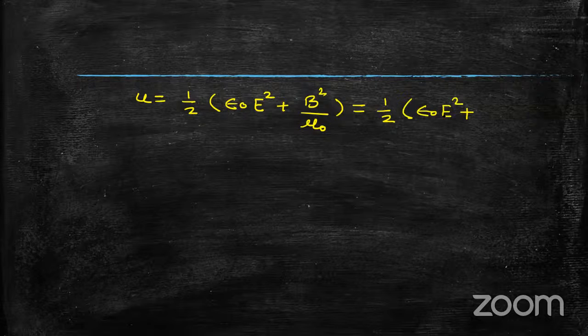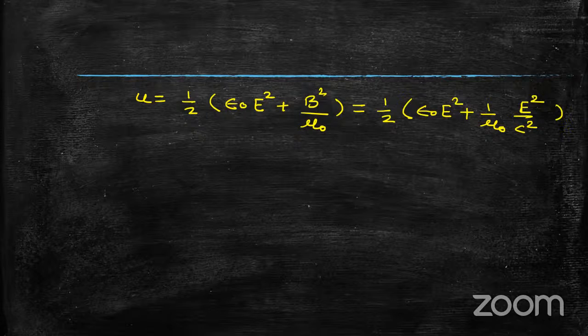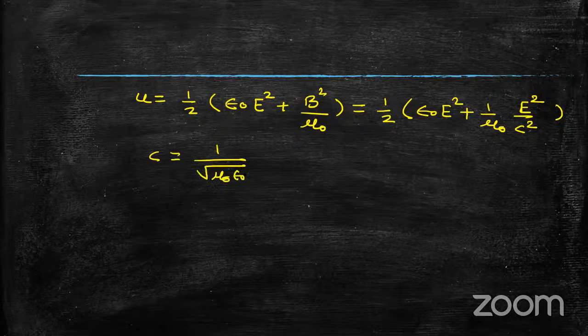If the amplitudes have some relationship, that means the wave has that same relationship. So B square by mu 0 will be replaced by what? 1 by mu 0, 1 by C square, and this will be E square, right? But C is equal to 1 upon square root of mu 0 epsilon 0.